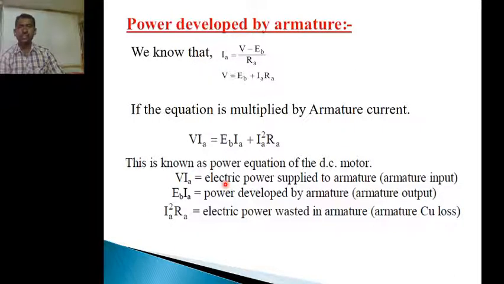So this is the power equation. Next, the condition for the maximum power we can derive by differentiating the power equation with respect to armature current and equating it to 0. So what is the condition for the maximum power in case of the DC motors?